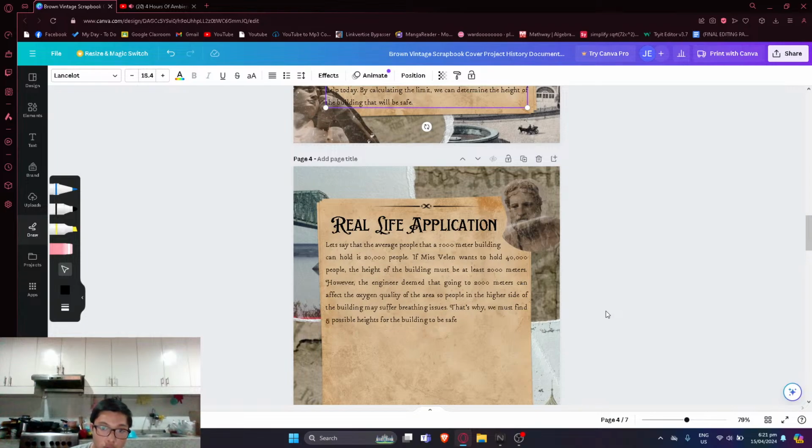This monastery must hold 40,000 people. The height of the building must be at least 2,000 meters. However, limiting the design to 2,000 meters can affect the actual quality of the area, so people on the higher side of the building may suffer many issues. That's why we must find 5 possible heights for the building to be safe.